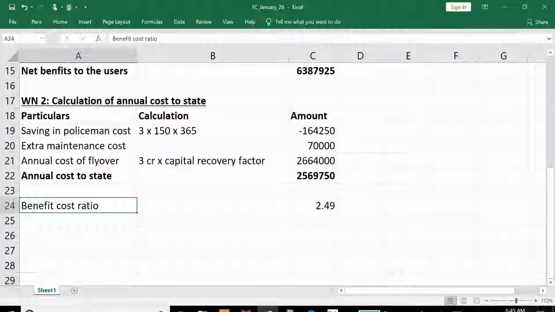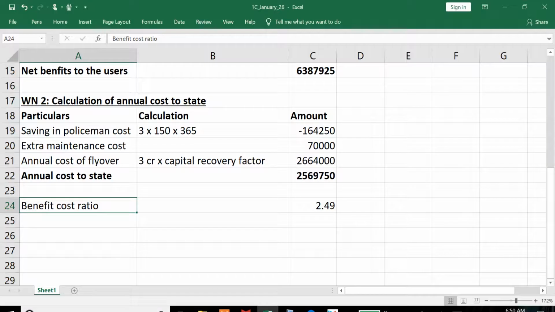Benefit cost ratio: benefit is 2.49 times of the cost. Clear?